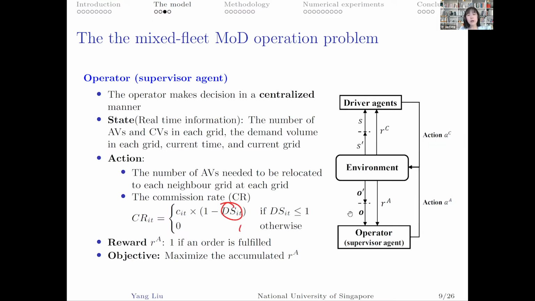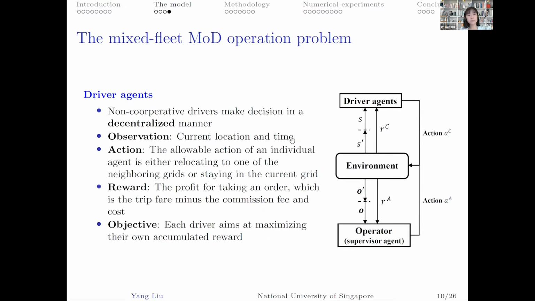For the operator, whenever an order is fulfilled, one reward is collected, and the objective is to maximize the cumulative reward. For the driver agents, we consider them non-cooperative, so they make their decisions in a decentralized manner. They can observe the state, but they don't have the full information of the system state.